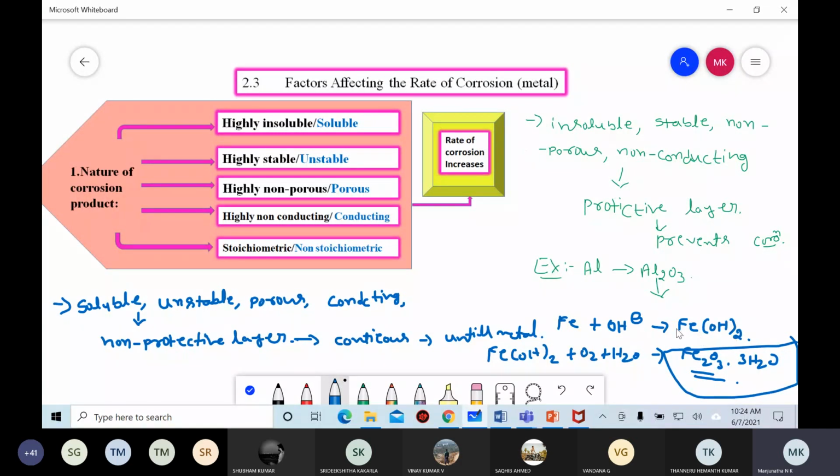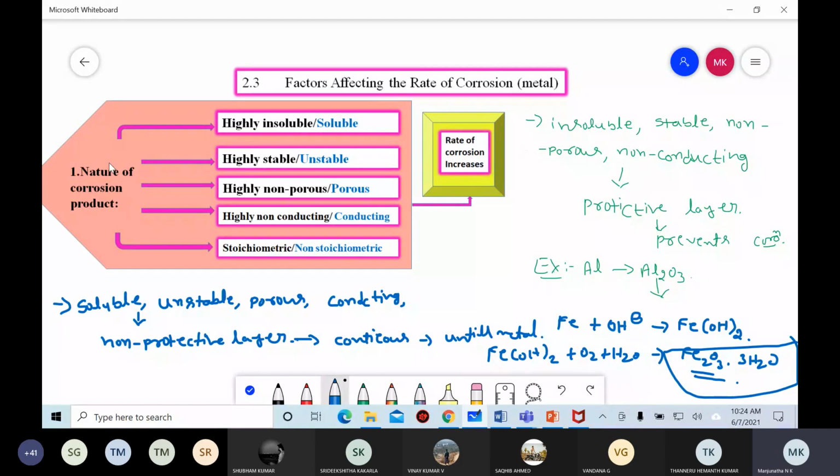Therefore, it has the ability to undergo further reaction with moisture and oxygen. Therefore, it continues the corrosion and forms hydrated ferric oxide. This hydrated ferric oxide indicates the complete loss of iron metal. That is because of the nature of the corrosion product.